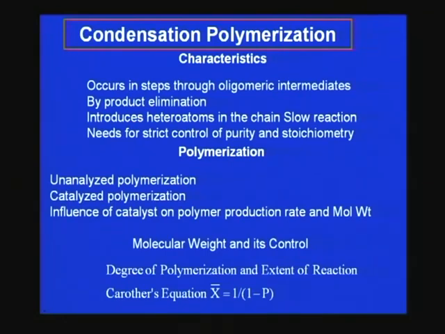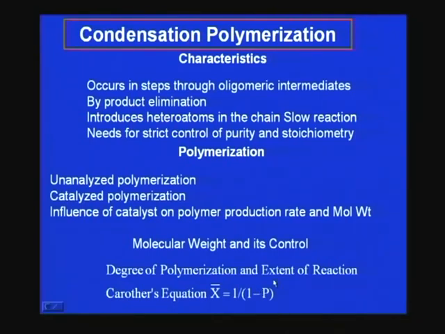Then is control of molecular weight. In this molecular weight control, we will see what value of degree of polymerization could be achieved after the polymer product is isolated. We have to assess that, evaluate that.